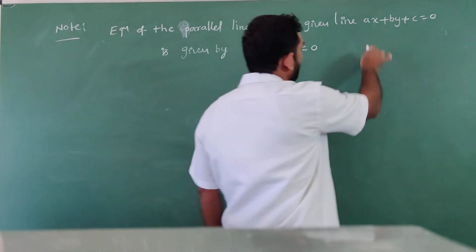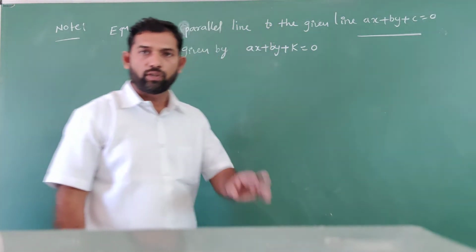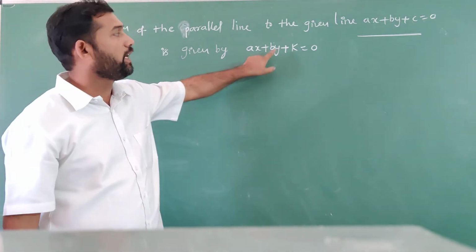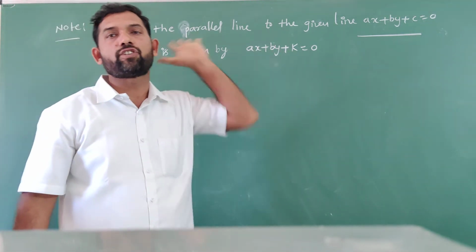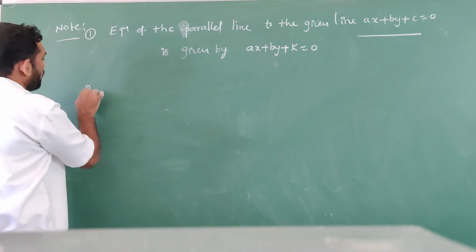So this is the given line ax plus by plus c is equal to 0. That one, parallel line means what? Ax plus by plus k is equal to 0. Only the constant changes. Right? This is the second one.